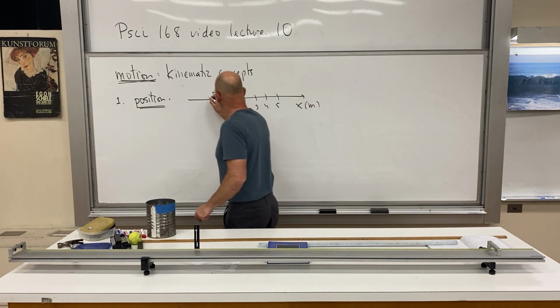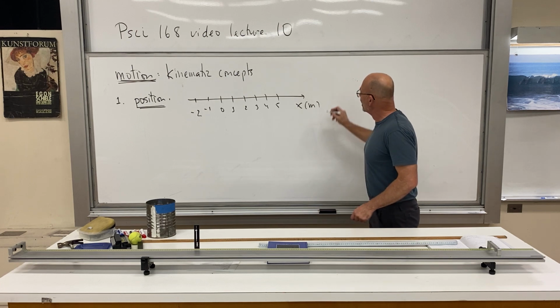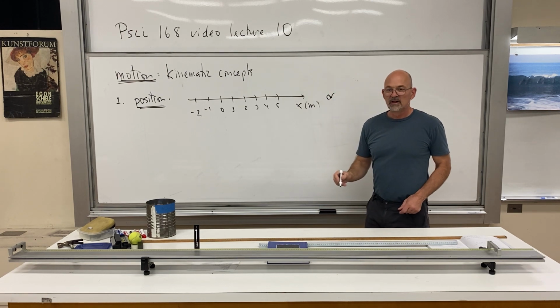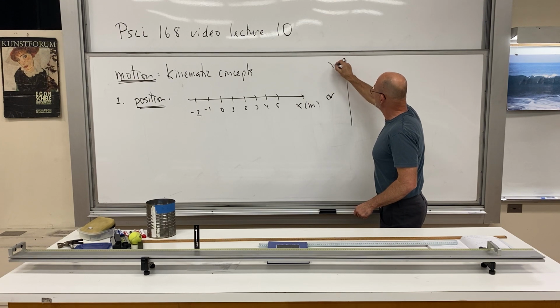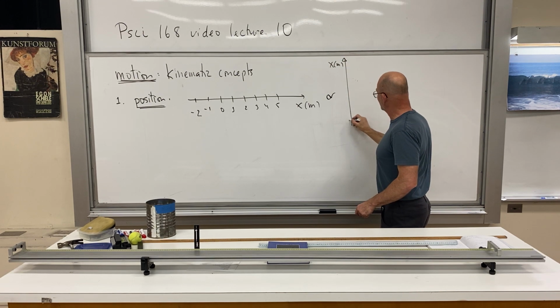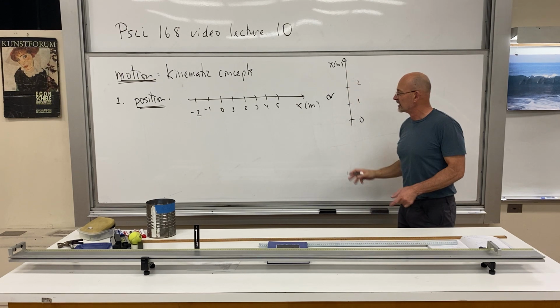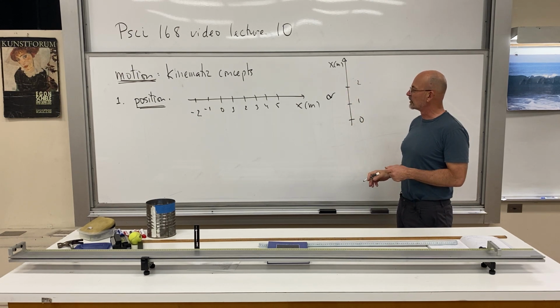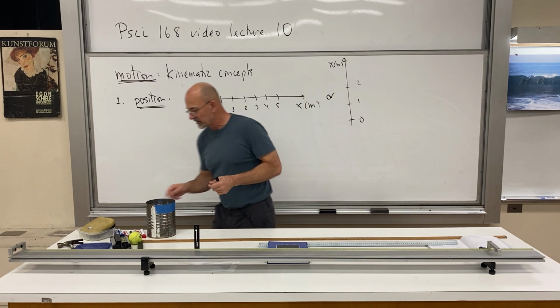And we can certainly also go -1, -2. Or the position could be vertical. Okay. Also X in meters, 0, 1, 2, etc. Or it could be on a slope. Okay, so we're talking about the position, and I got another color here.